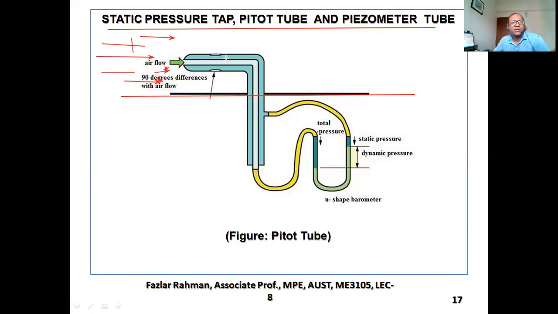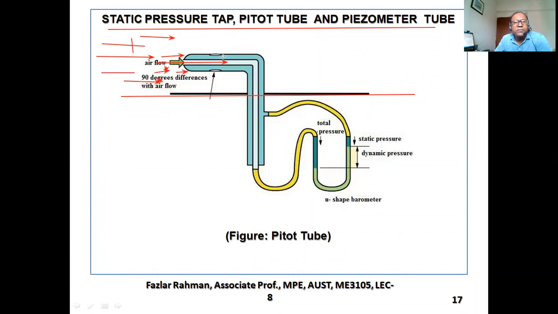Then what will happen? As it comes along through this point, it will flow, but right over here it will stop. The velocity will be 0. You are hitting right over here, it cannot flow, it will stop, right? So the pressure in the fluid will increase.